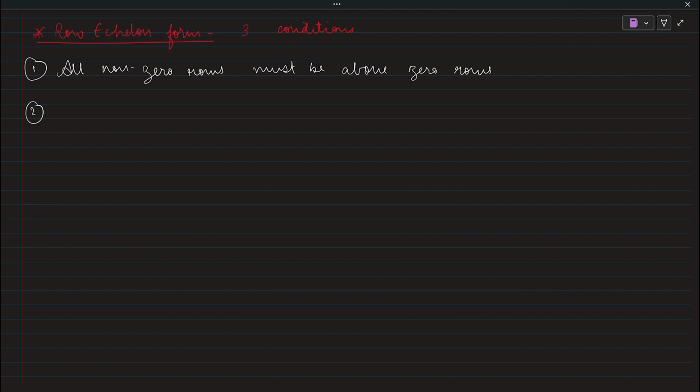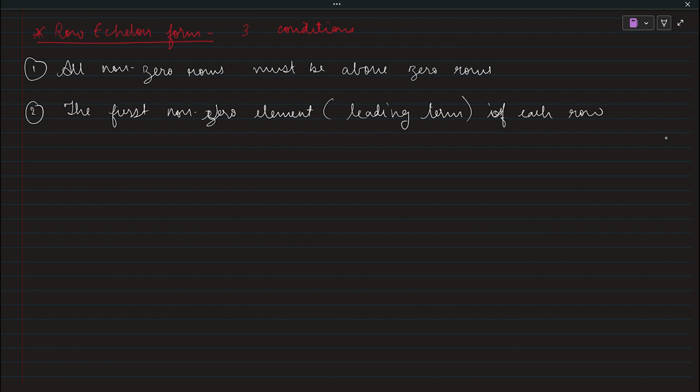Second condition is the first non-zero element, we also call it the leading element or leading term, of each row must be to the right of the leading term of the row above.